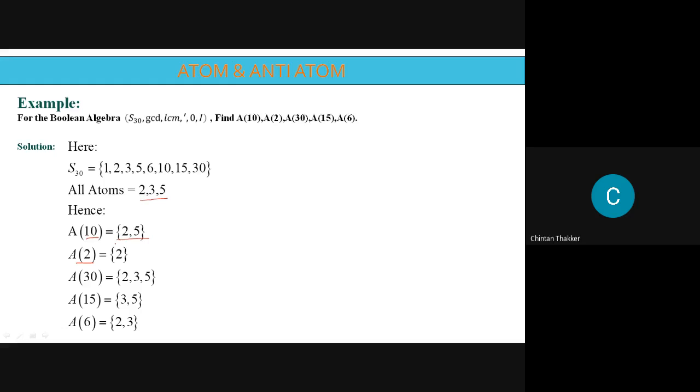So therefore we have two elements only, 3 and 5. Then A6: 2 is related to 6, 3 is related to 6, 5 is not related to 6. So we have just 2 and 3.